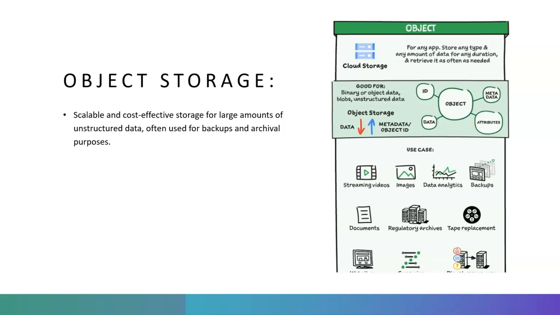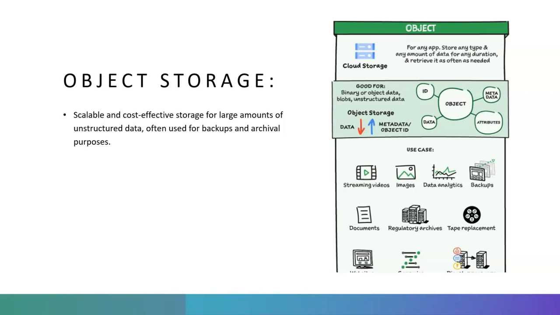Then we have object storage, which is a more scalable, cost effective storage for large amounts of unstructured data, often used for backup and archival purposes. Object storage is most commonly used in big data and is good for binary data, object data, logs, and unstructured data.